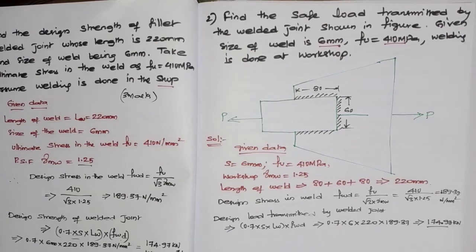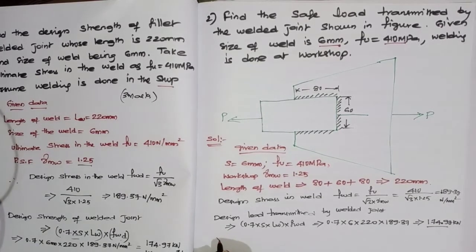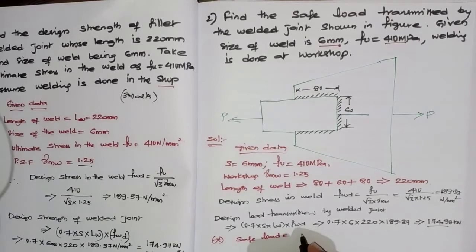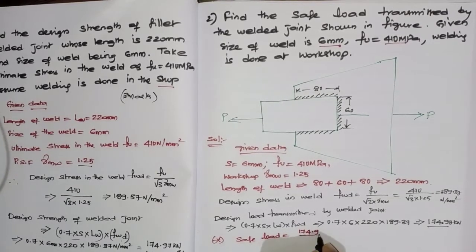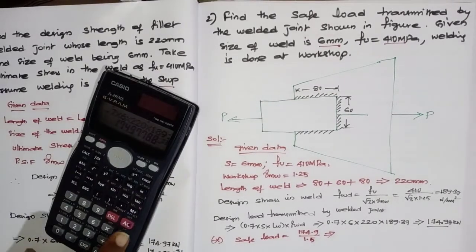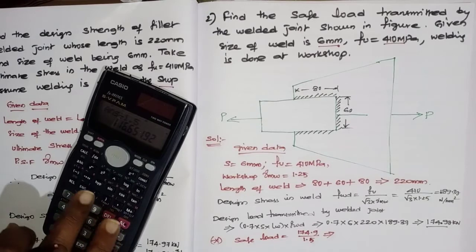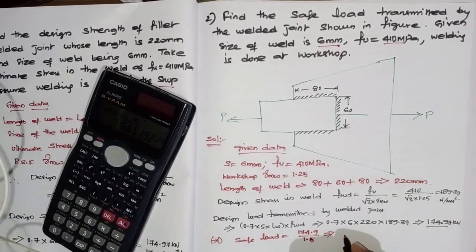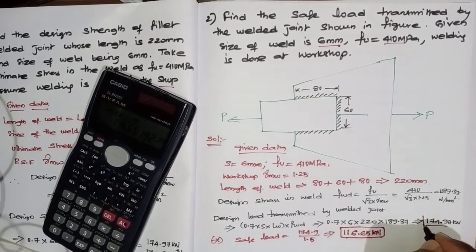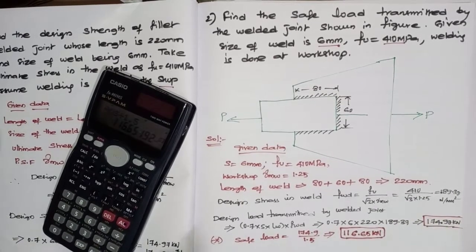Safe load transmitted means, as per limit state design, the safe load is the ultimate load by factor of safety 1.5. So how much are you getting? 116.65 kilonewtons. This is the safe load that the joint can be carrying.